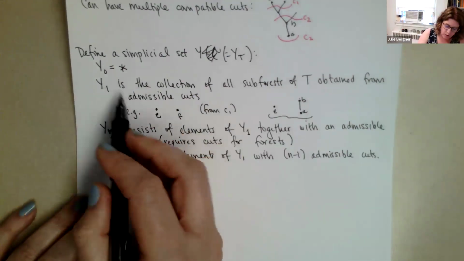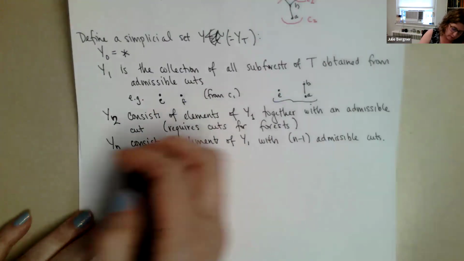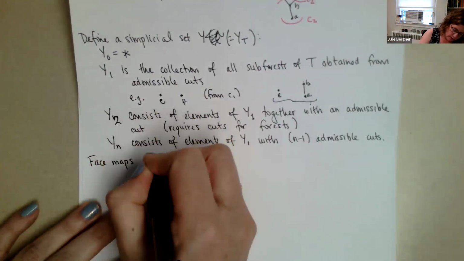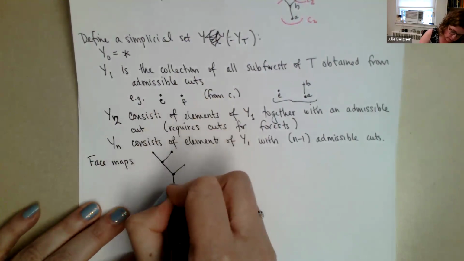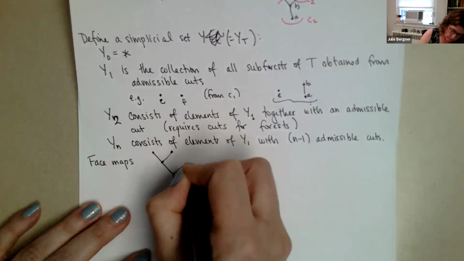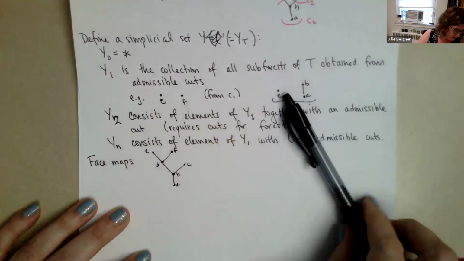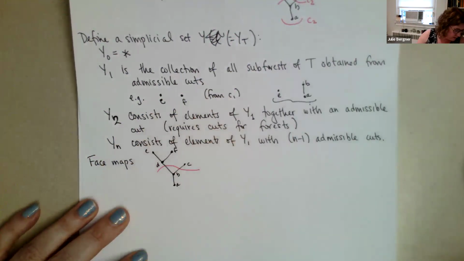Okay, now Y1 maybe makes a little more sense once I describe the face maps. So just as an example, let me give you a 2-simplex. I'll put the labels in; again, sometimes I've been lazy and not put the labels. Then I'll take this cut here.